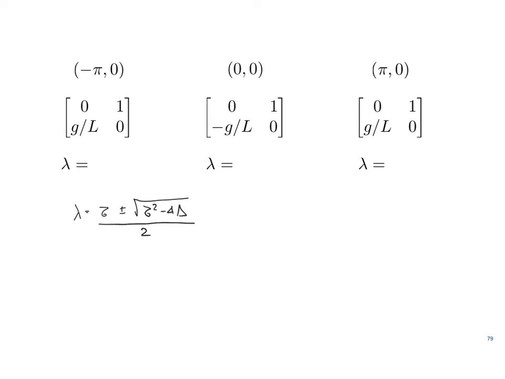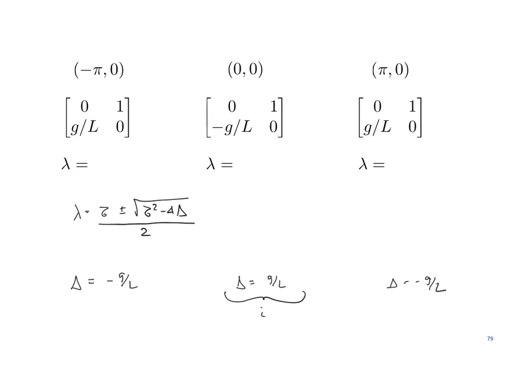So we will end up having just to deal with the determinant, which is this delta. And delta is minus g over l, here is g over l, and here is minus g over l. And now remember this sign here. Which of these has to deal with imaginary numbers? Actually this one. This is the one that contains an imaginary number.